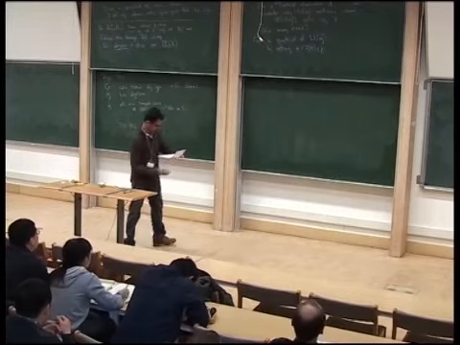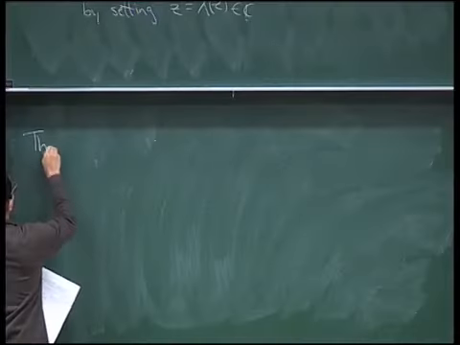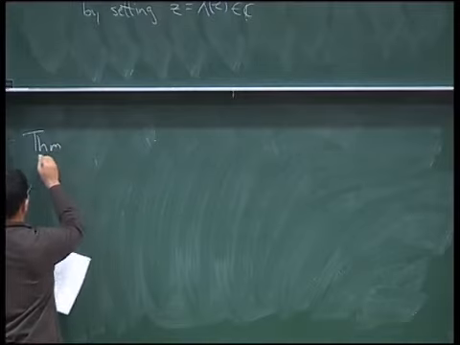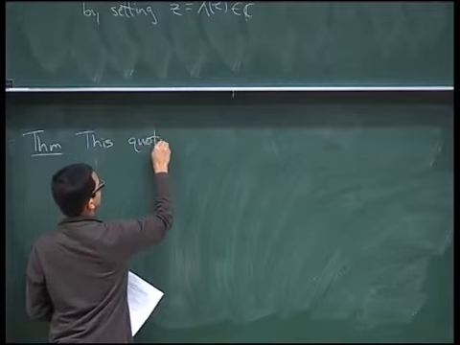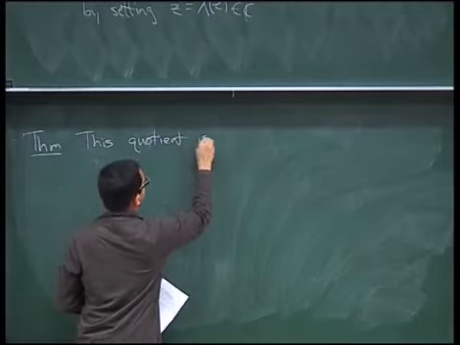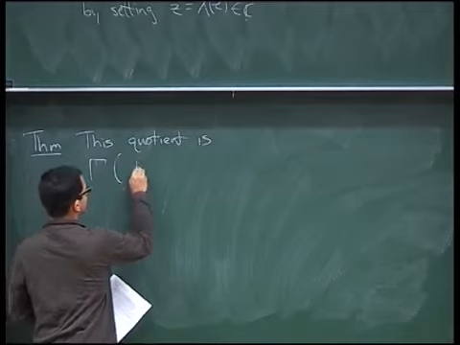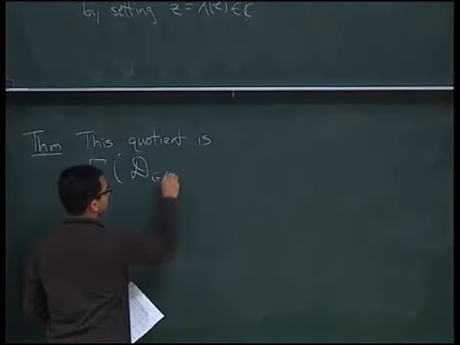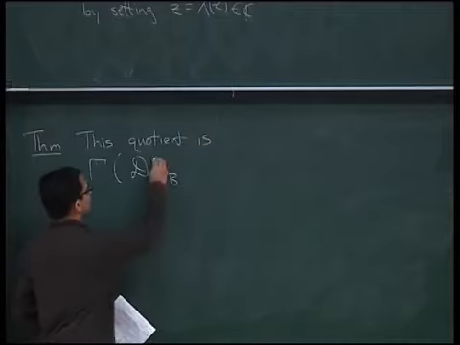And then here's the theorem. This quotient of U of g is the global sections of something like D_X on the flag variety G/B.